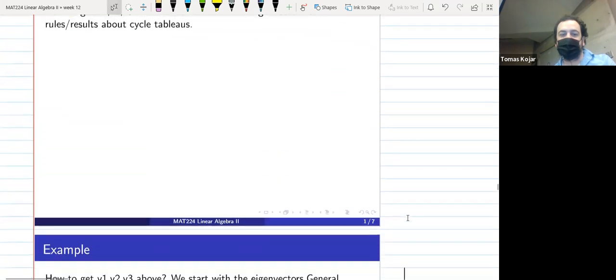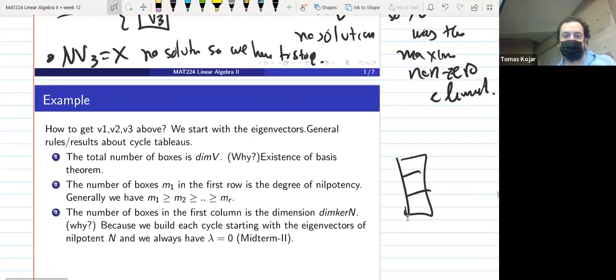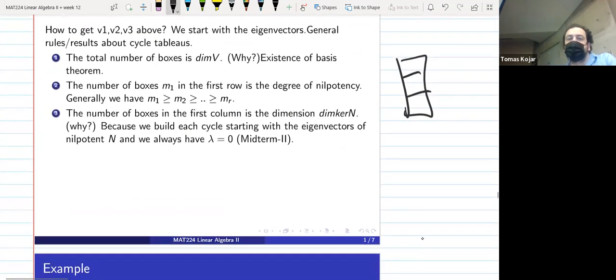I know we're doing a lot of examples, but that will show up. So I'm going to show you. The reason the first column is always this is because that's how we build our basis. In the theorem and everywhere, even in examples, you find the kernel of n, and then you build your cycle backwards.